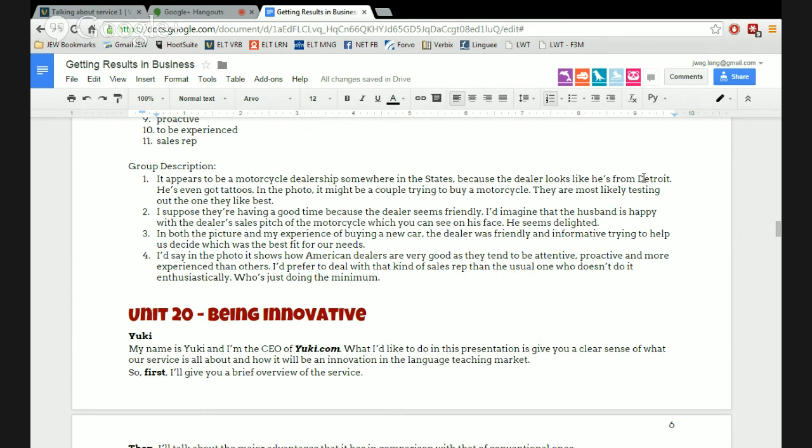In both the picture and my experience of buying a new car, the dealer was friendly and informative, trying to help. Informative. Repeat. Informative. Good. And informative, trying to help us decide which was the best fit for our needs.